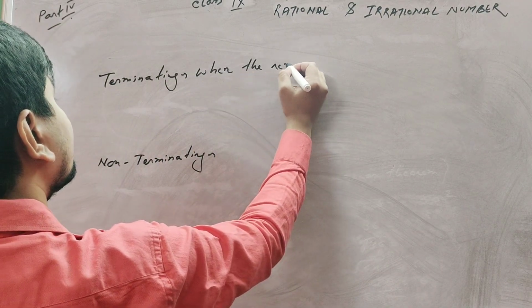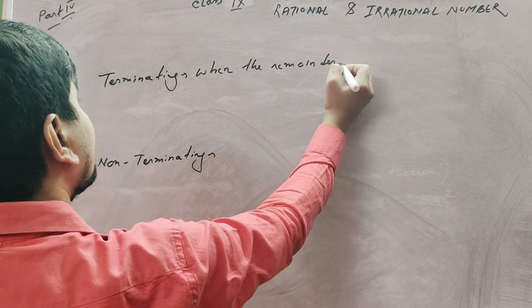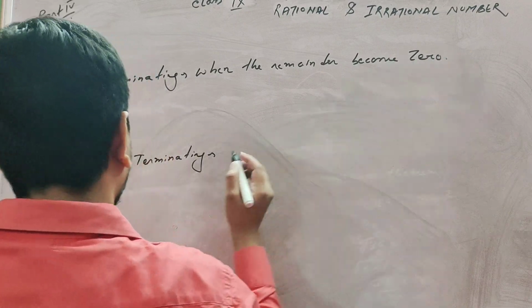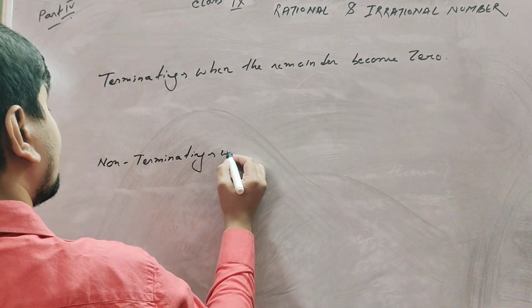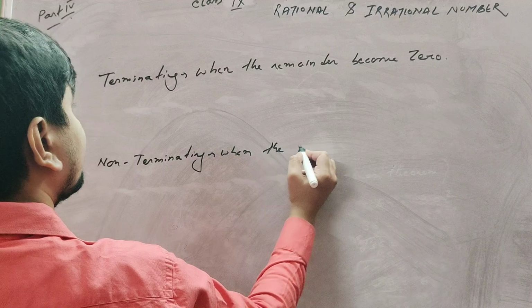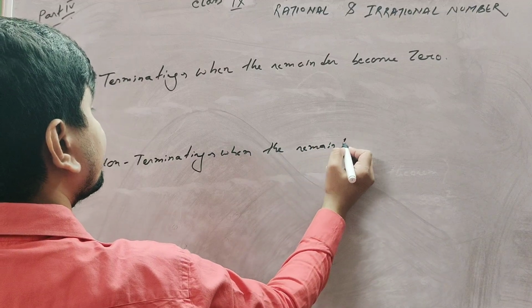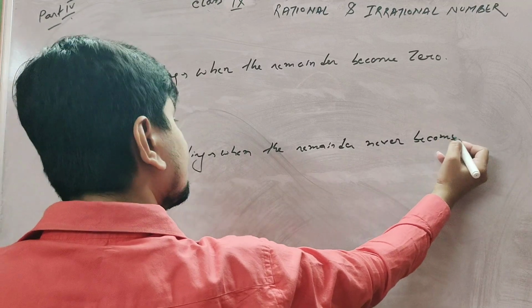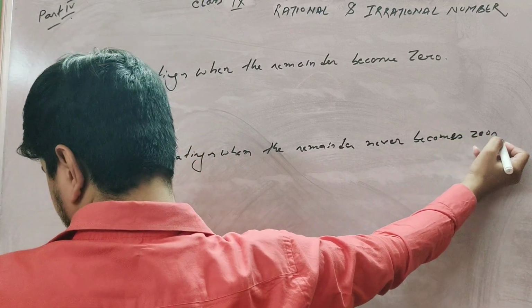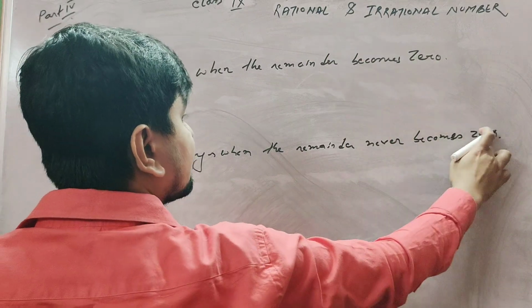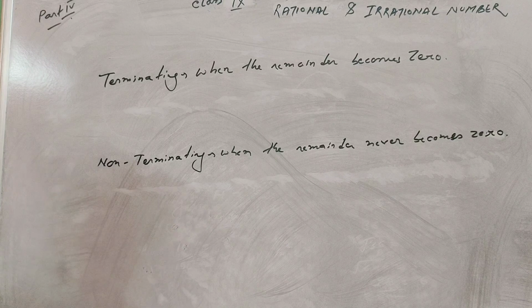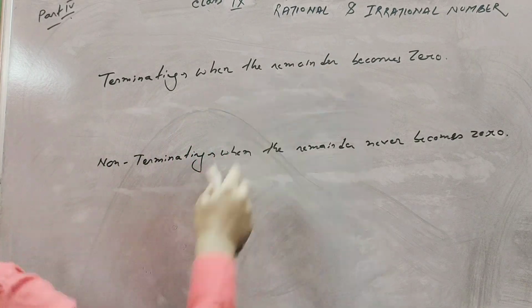When the remainder becomes 0, and when the remainder never becomes 0. That means this is called terminating decimal. Terminating means end. That is when the remainder becomes 0.